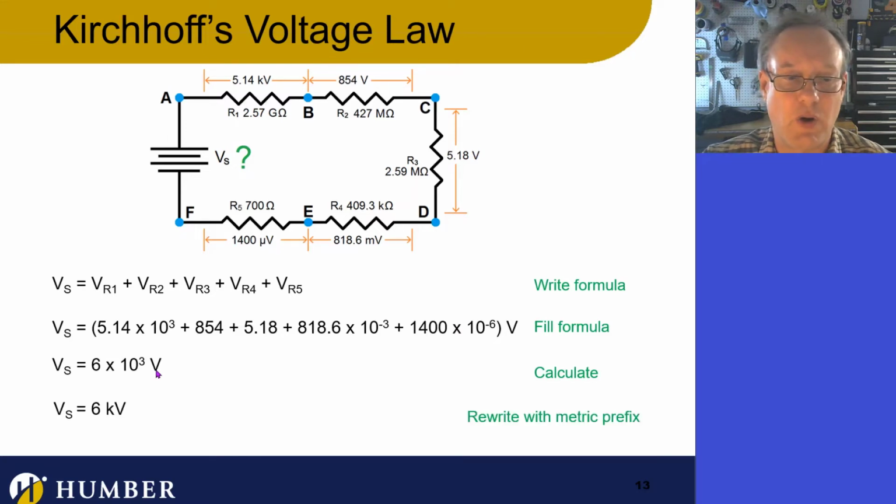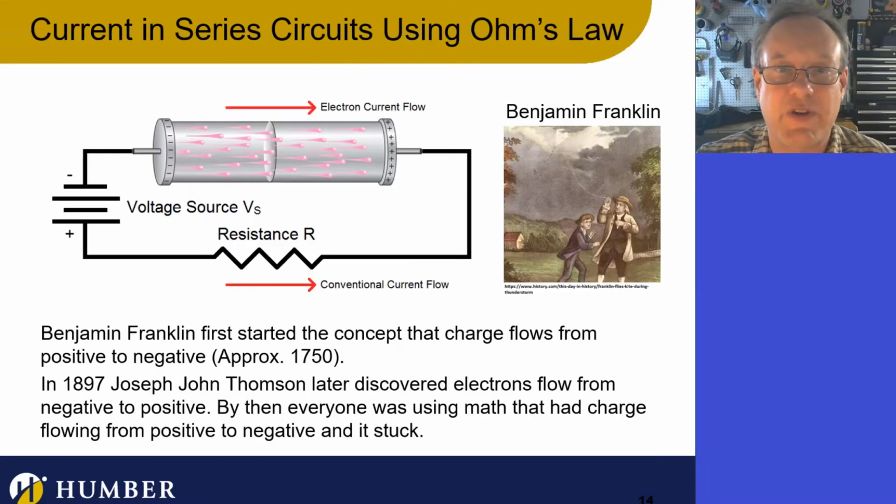Now I'm going to rewrite that value with the metric prefix, because you can write a value down in engineering notation. It's not mathematically correct, and it's just not intuitive. It's good to talk in metric prefixes. So if you have a value you've calculated on your computer or calculator, just write it down with a metric prefix. Okay, there you go.